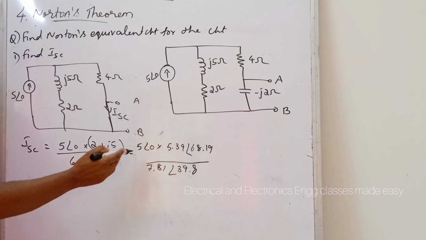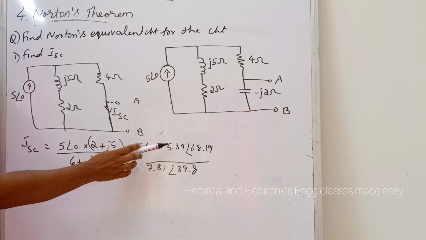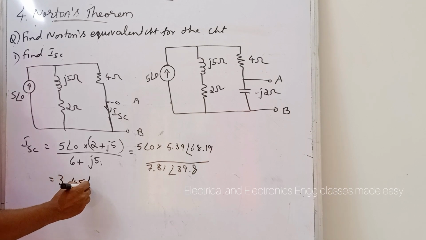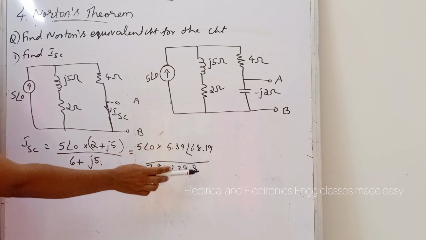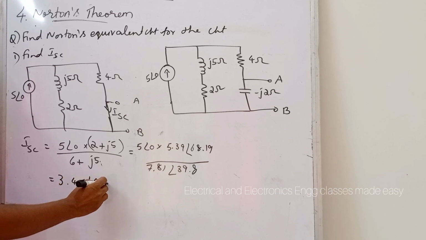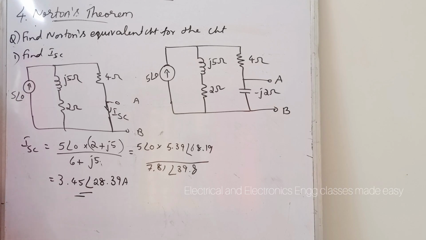After computing, 5 into 5.39 divided by 7.81, we will get 3.45 angle, 68.19 minus 39.8, that is 28.39 amperes. So this is ISC.